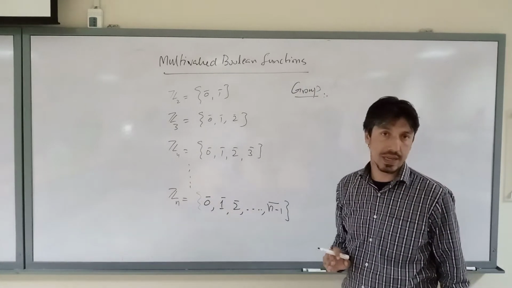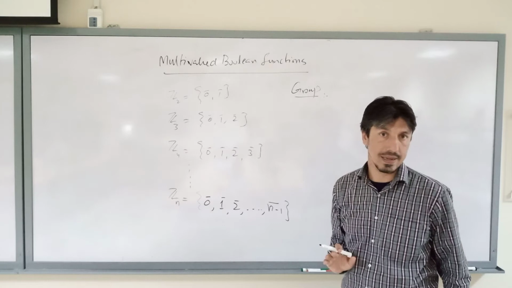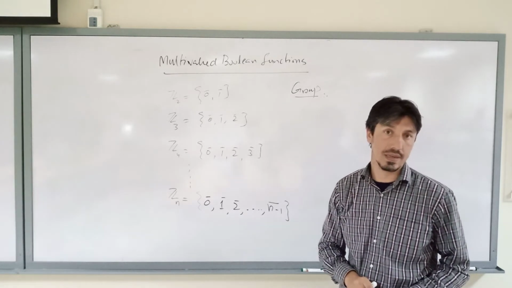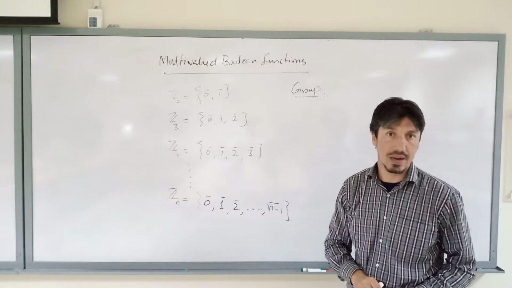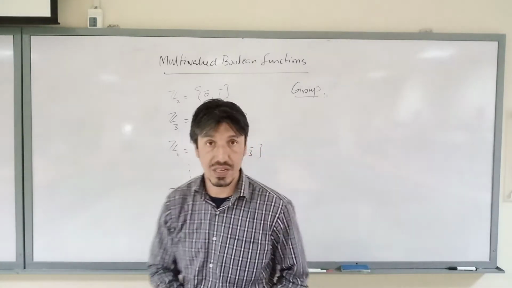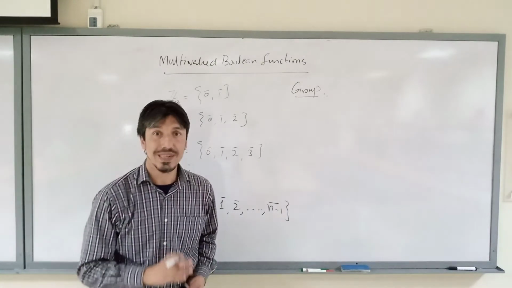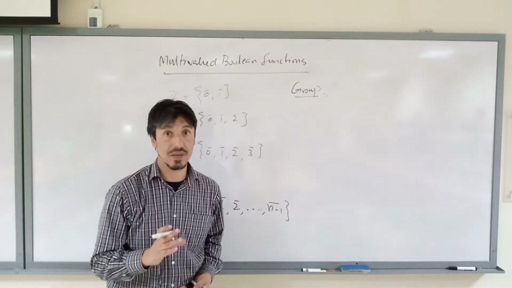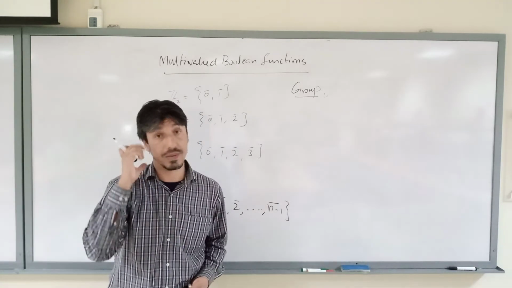A group is a non-empty set which satisfies 4 properties. Number 1, closure law. Number 2, associative law. Number 3, identity law, and the fourth one is the inverse law or invertibility.